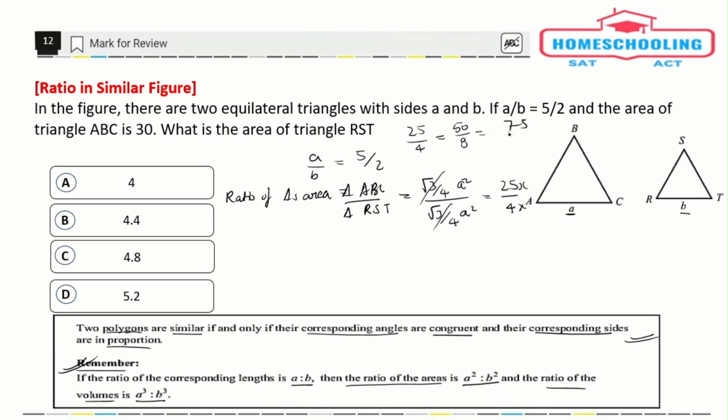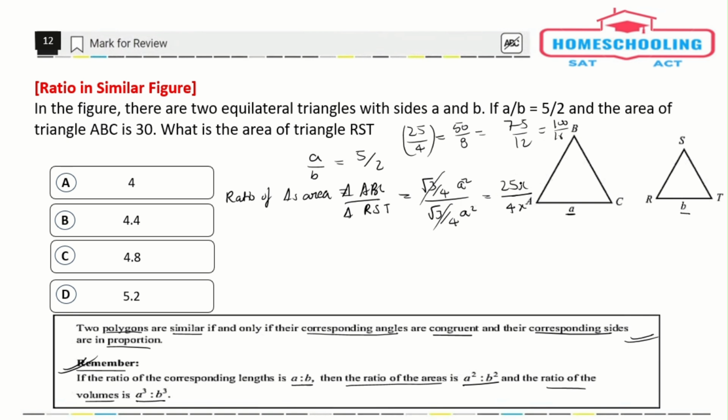Similarly, 75 by 12, 100 by 16, anything like that. So that's why we put x after this, because it can be 25 into 2, that would be 50, and 4 into 2, or we can take x as 3, then x would be 4.